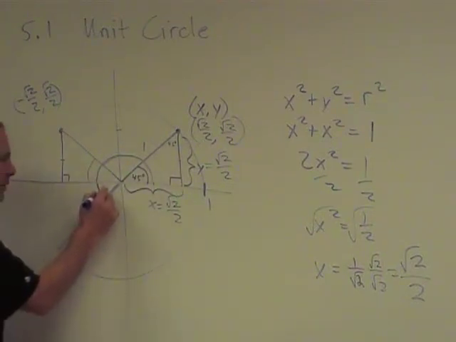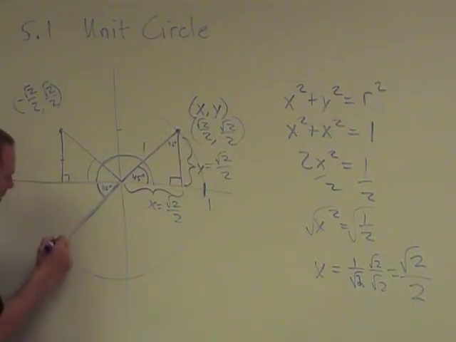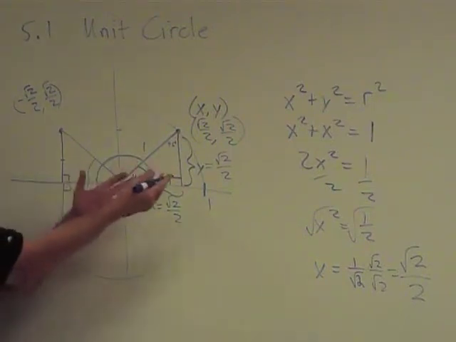So again, if this is 45 degrees, and I drop down my altitude here, I have a 45 degree triangle again. Well then, aren't these two sides the same? Yes? Yes. And so their legs are the same as what they've been.